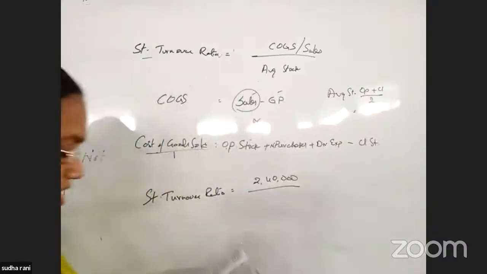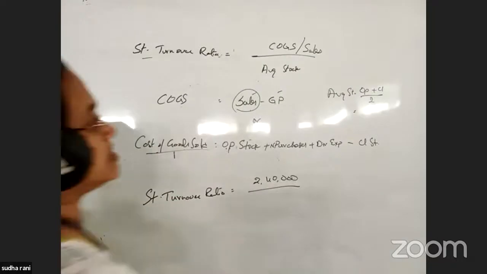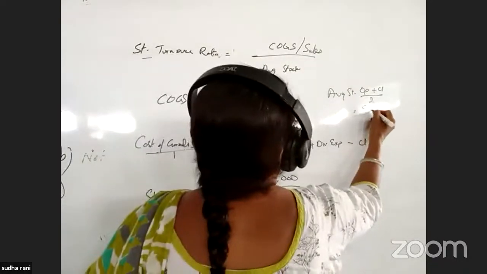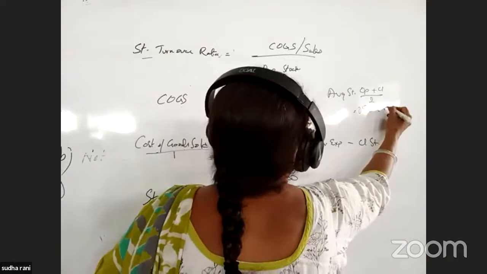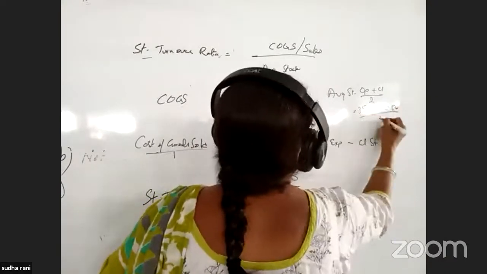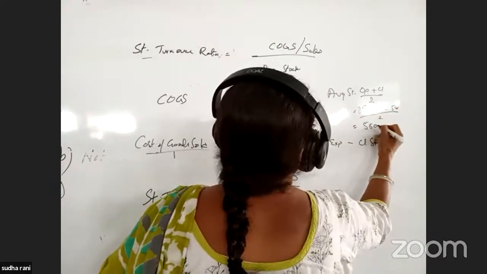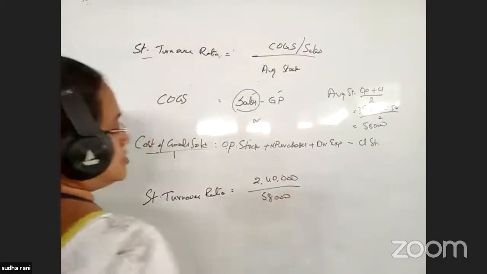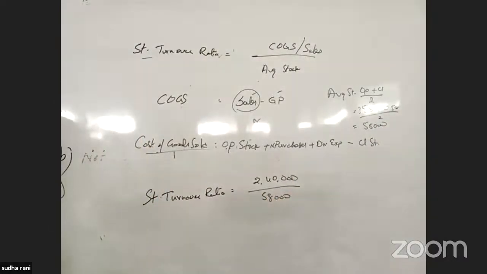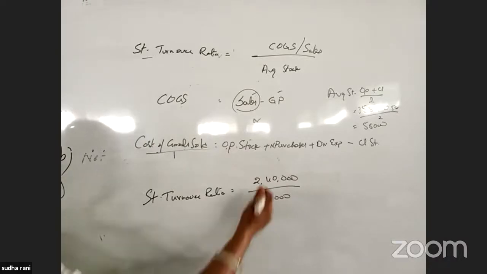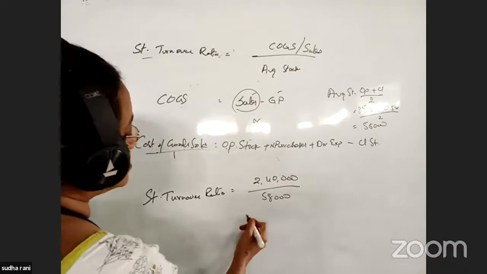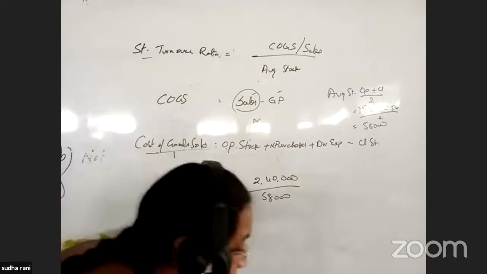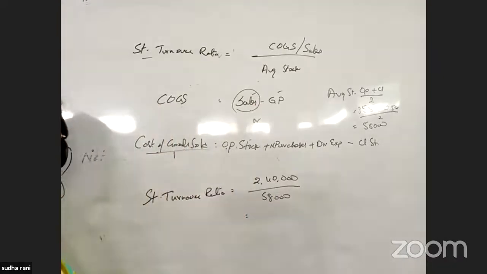Opening stock is given as 58,000 and closing stock also given as 58,000, by 2. If you do, you will get 58,000 only. So stock turnover ratio, cost of goods sold divided by average stock. If you do, what amount will you get? Can anyone? Please use the calculator.